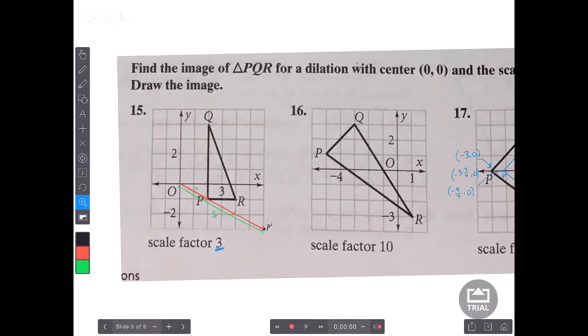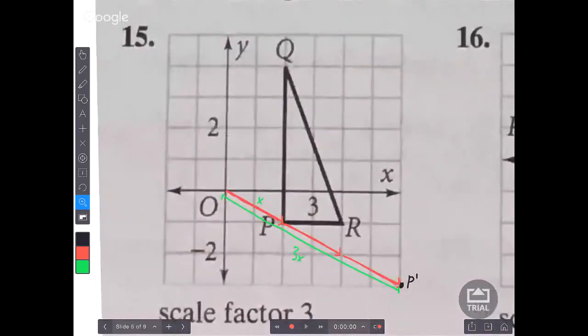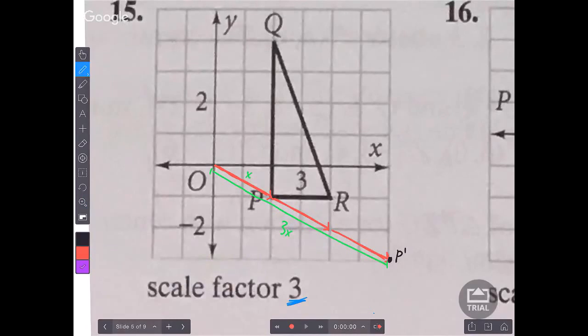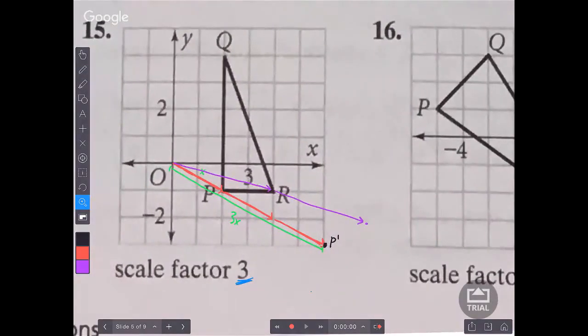But I'm going to back up, and geometrically, we're going to see how we find the center of dilation if we don't know it, but we see the dilation. So next up, we got R. Here's the distance from the origin to R. I'm going to go that same distance again, and that same distance again.